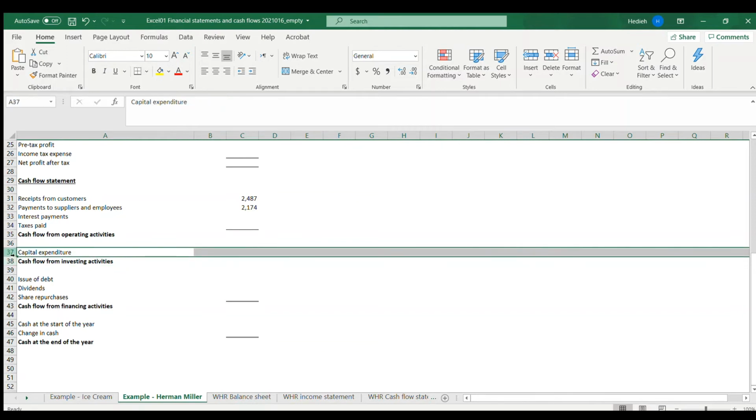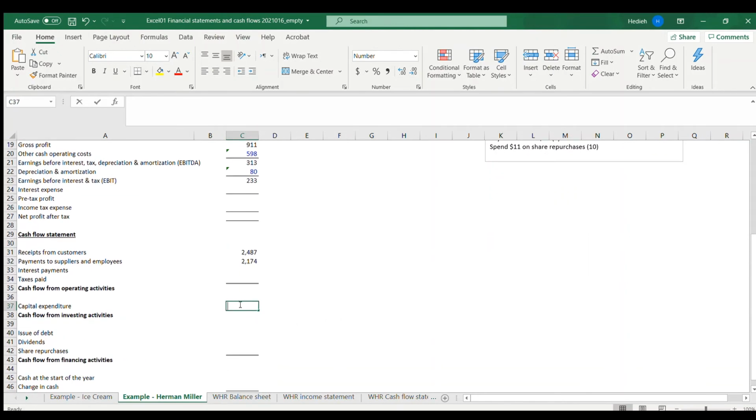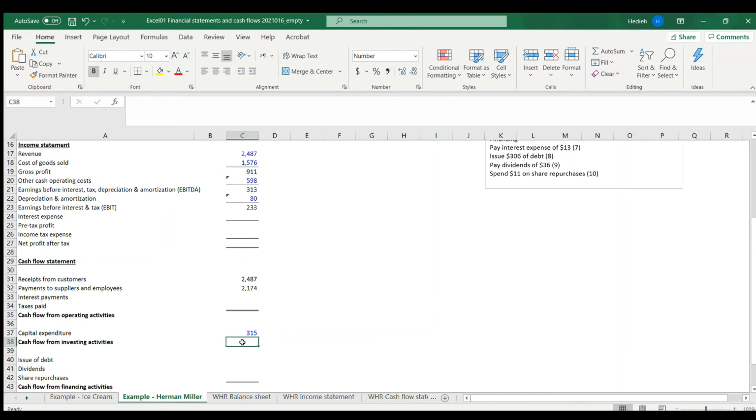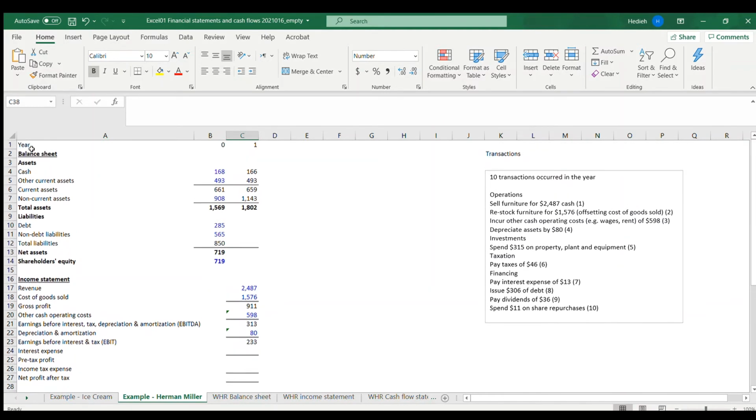So we have capital expenditure. Capital expenditure is the amount of money that the company invests in long-term assets like property, plant, equipment, etc. So here we should consider this amount of $315, right? Okay, so we consider it on the cash flow statement. This transaction doesn't show up on the income statement and we updated the balance sheet.